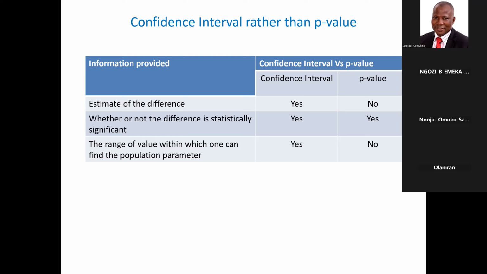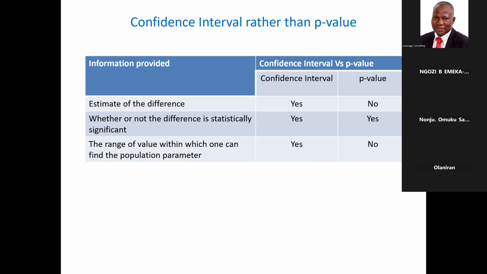Can you see now? So the confidence interval will tell you if it's significant or not. It will quantify the difference. Then it will give you a range of values within which you can find the population value. And even with that range of values, that's where you can know if it's significant or not. Can you see?